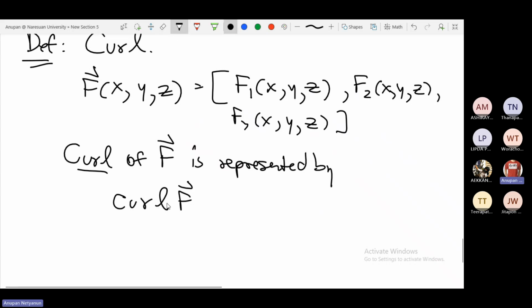Its name, curl f, equals the gradient sign cross product with the vector function f. Okay. Now, let me do the cross product.